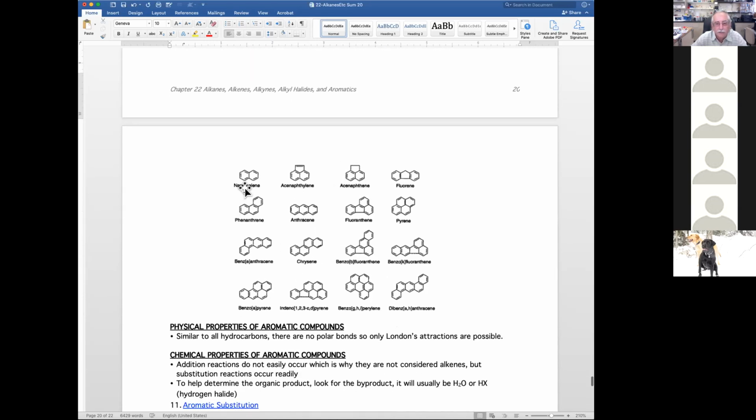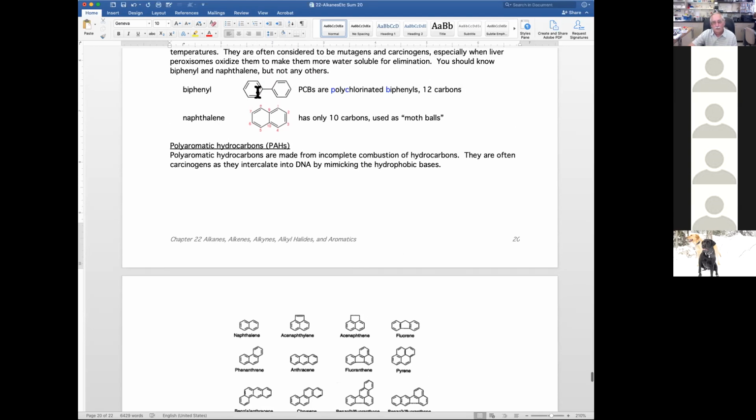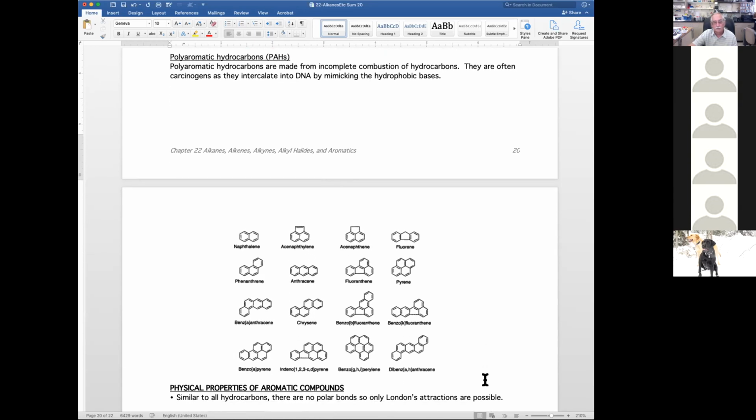So here's naphthalene. There's all kinds of different ones like this. These are often found in soot and stuff like that from burning or incomplete burning of fossil fuels. And again, they're not good for the environment. None of these are good for the environment, especially if you put chlorines on them.